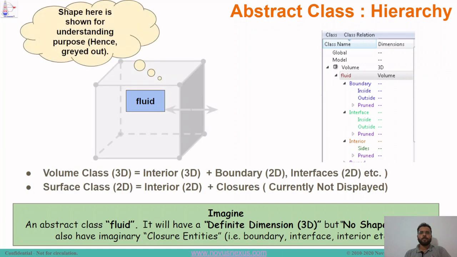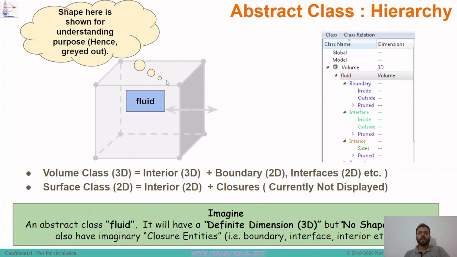Only for understanding purposes, let's represent it as a cube. But in an abstract context, fluid can be of any shape and it will always be contained by physical space boundaries represented by a 2D boundary.